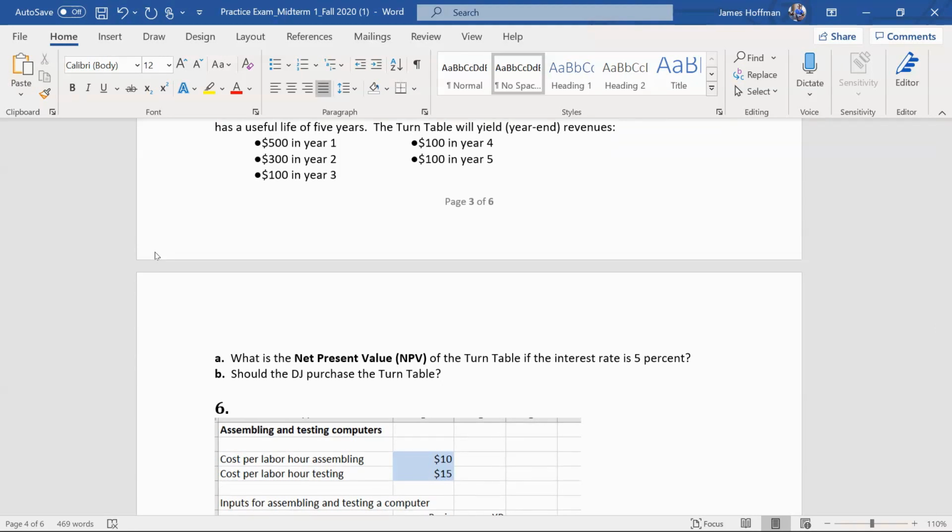So what is the lifetime? We have to add up all of the stream of payments or the stream of revenues and then subtract the cost. So first, let's start adding up the 5 years of revenues. And you have to multiply those by the discount factor.